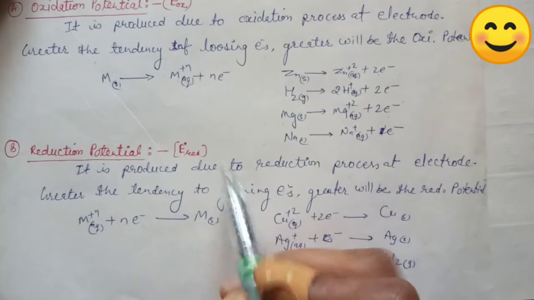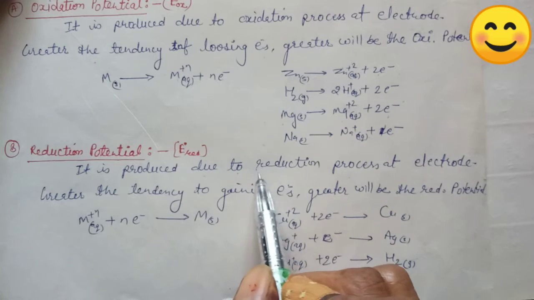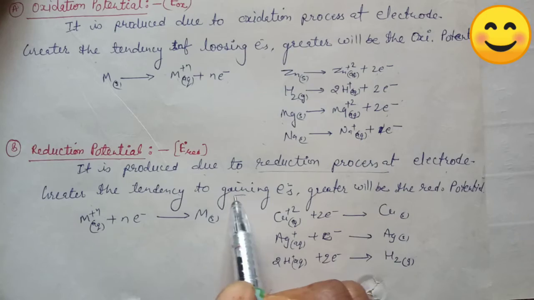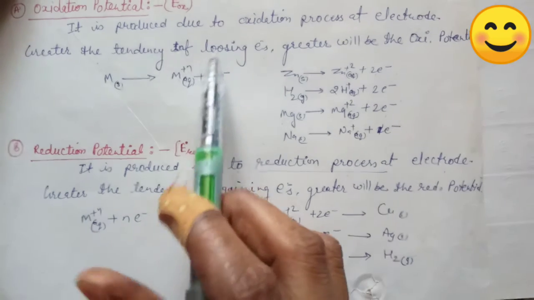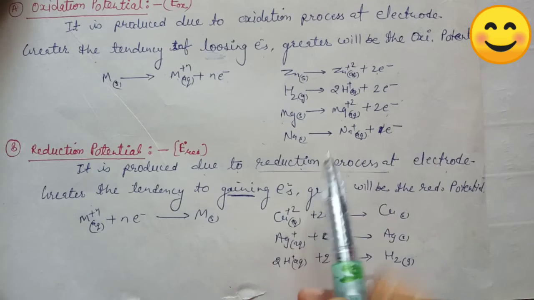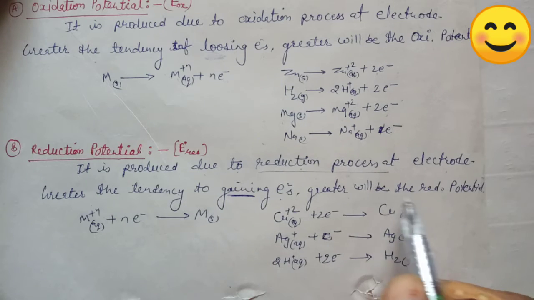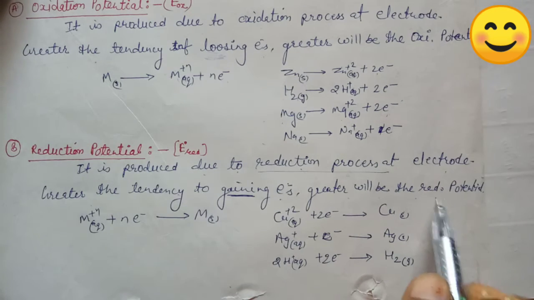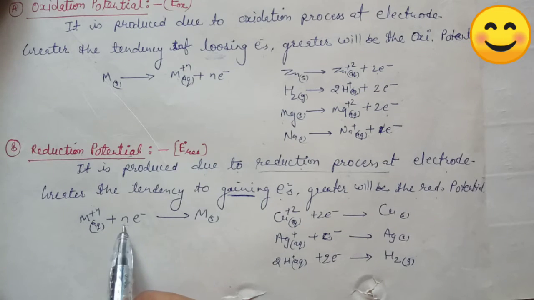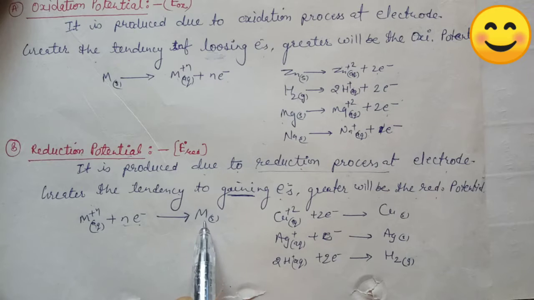Reduction potential is produced due to the reduction process at the electrode. Here electrons are lost, but there electrons are gained. The greater the tendency to gain electrons, the greater the reduction potential. In this process, M^n+ gains n electrons to make neutral M.